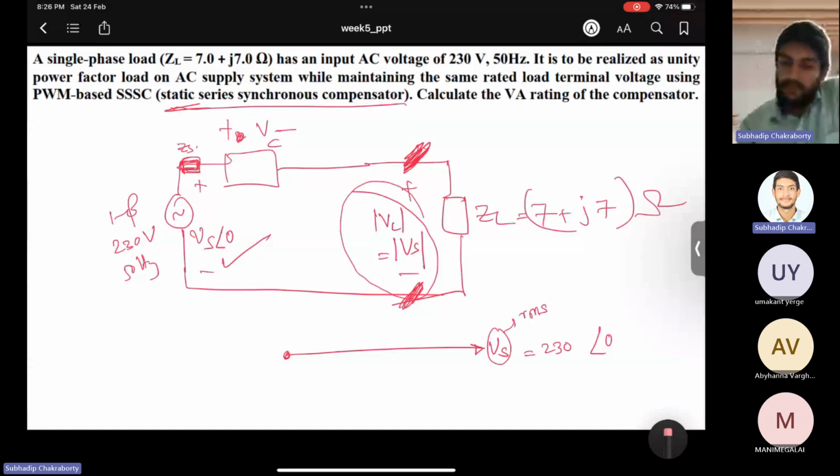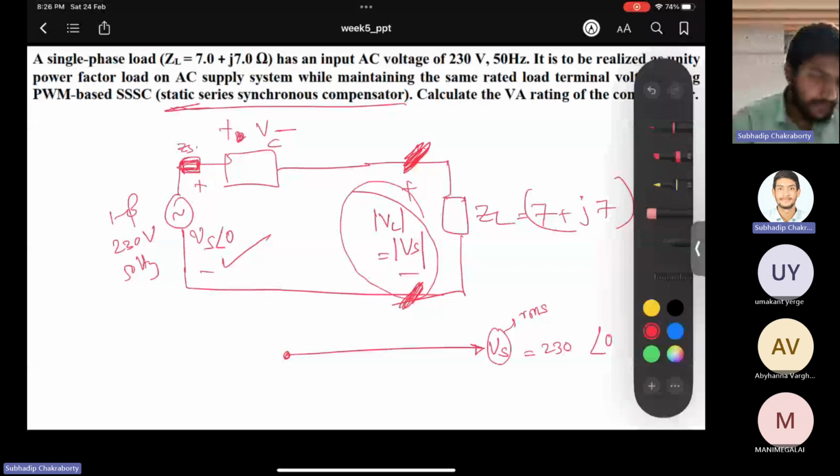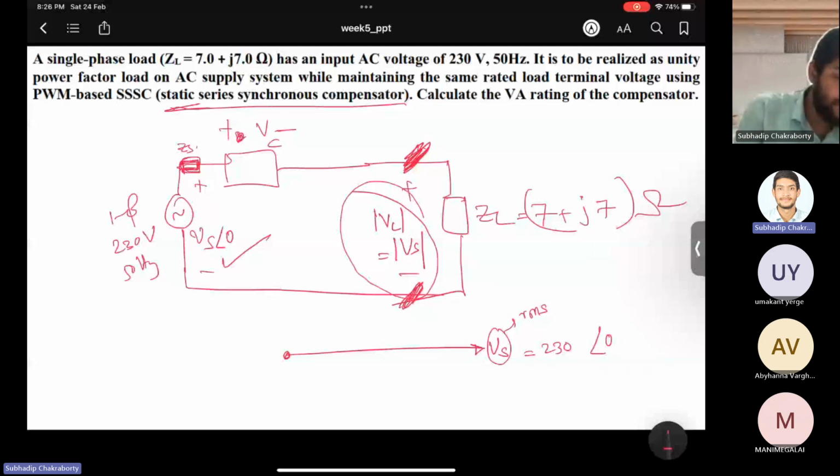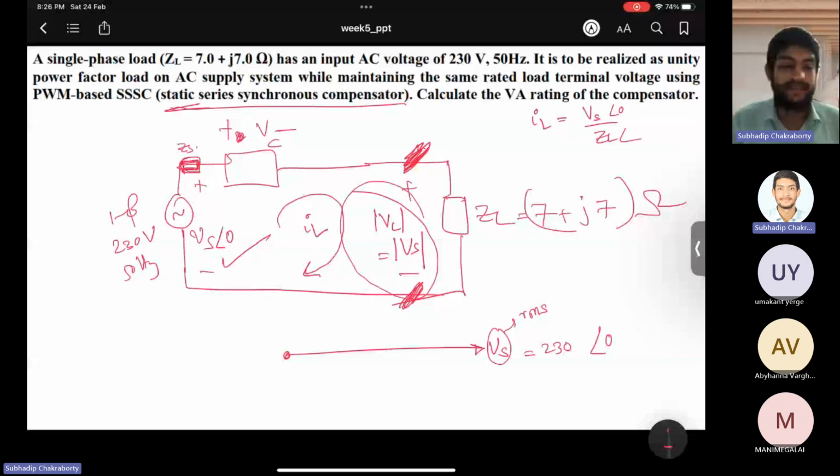Now, how will your load current look like? IL is VS angle 0 by ZL angle something. So ZL, you calculate what is the angle?